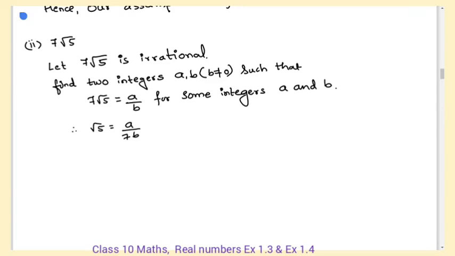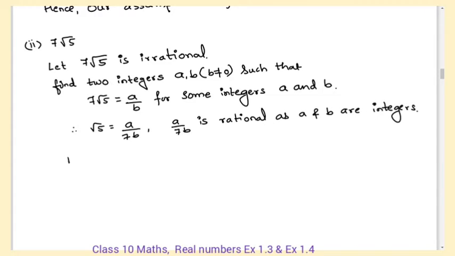Now root 5 is equal to a by 7b. Here a by 7b is rational as a and b are integers.